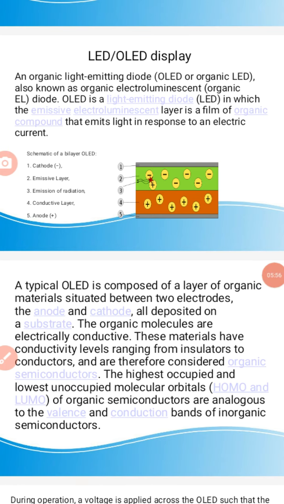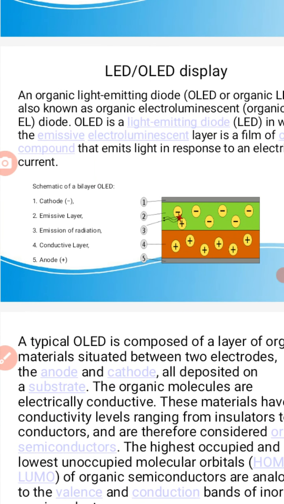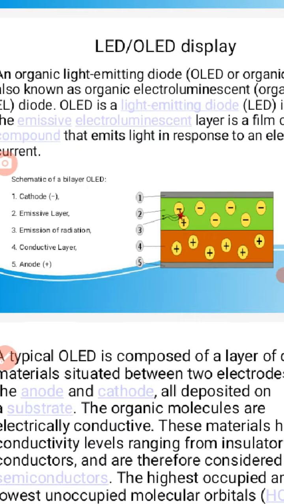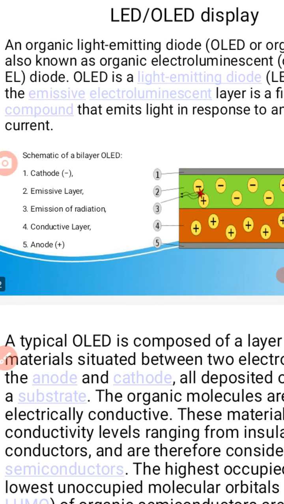Now we will switch to OLED parts as shown in the figure. A typical OLED consists of normally 5 layers as given in the figure: a cathode, then emissive layer, emission of radiation, conductive layer, and anode.